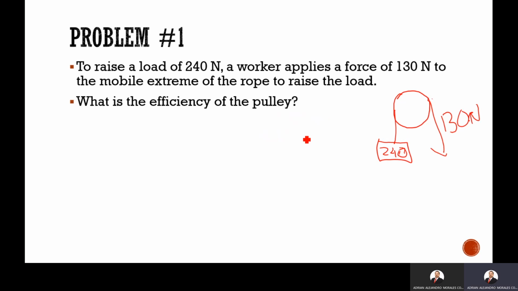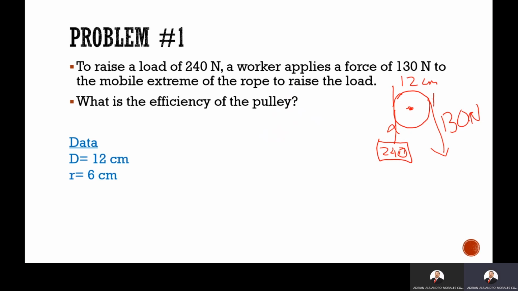Okay, so it's going downwards. Our pulley, it's not mentioned in the problem, but it measures 12 centimeters of diameter. Okay, so now we can identify what's going on.